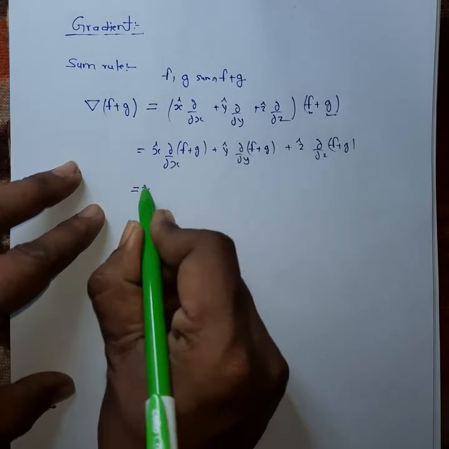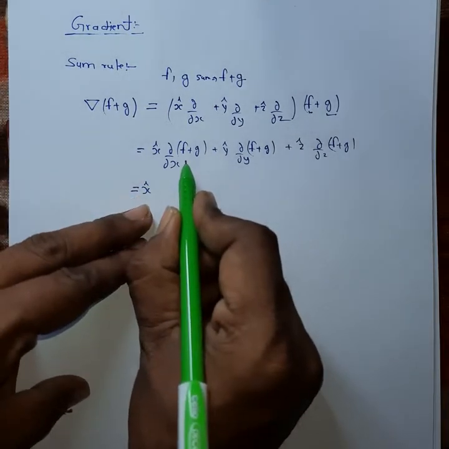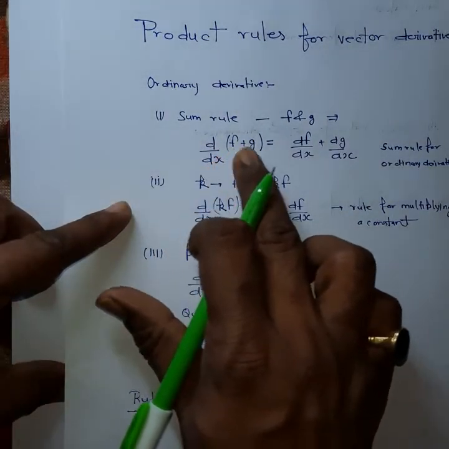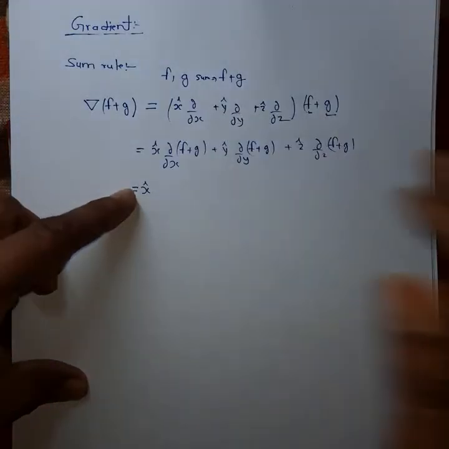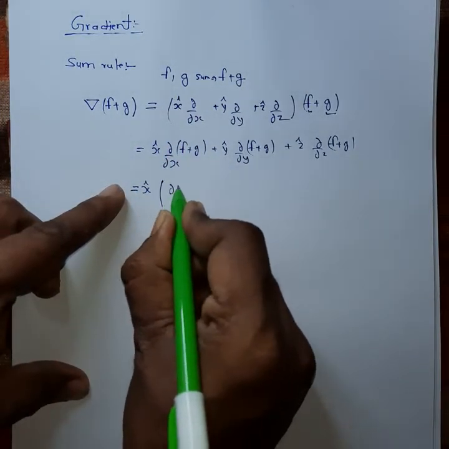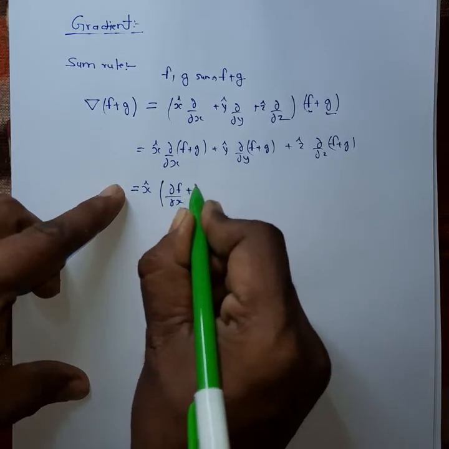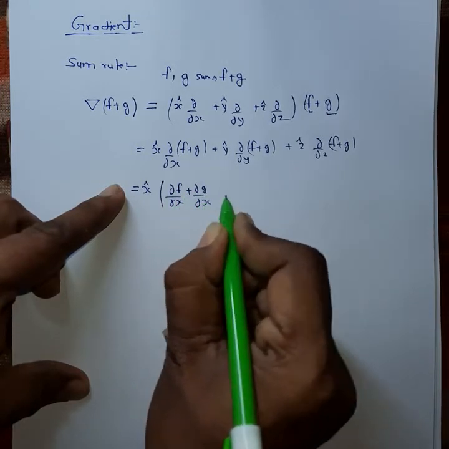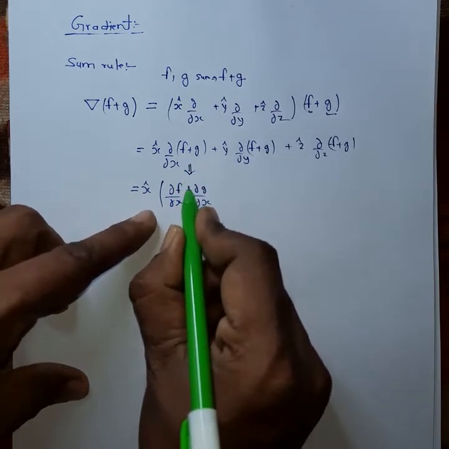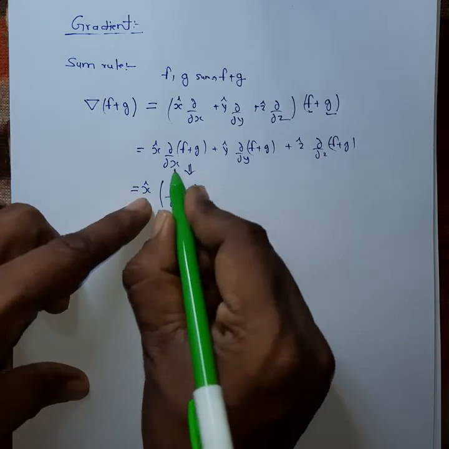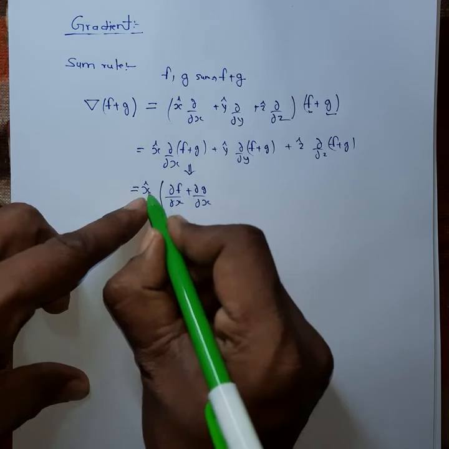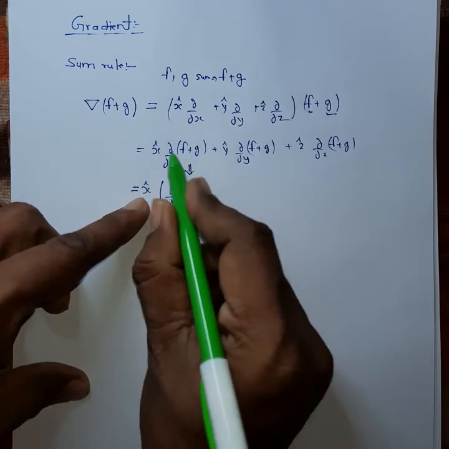And you know that from the sum rules of ordinary derivatives, this derivative will be like this. So you can write this as x cap, del f by del x plus del g by del x, no problem, because from the rules of ordinary derivatives, this will behave just like an ordinary derivative, as x cap is outside this differentiation.